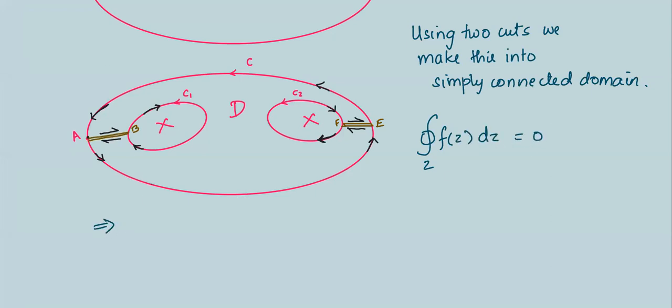This implies, let us start with the integral AB f of Z dz plus the integral over C1 in clockwise direction f of Z dz. It becomes a closed loop. Then mark this.